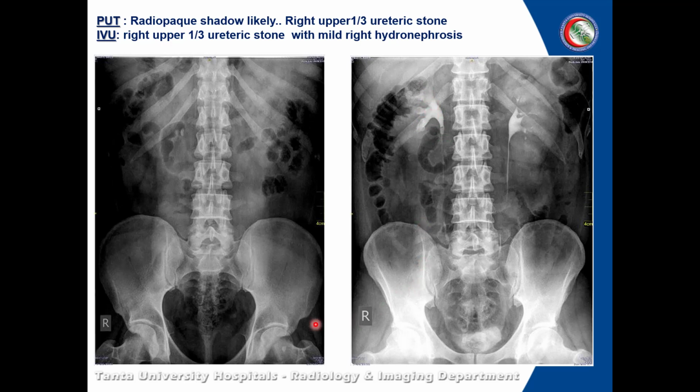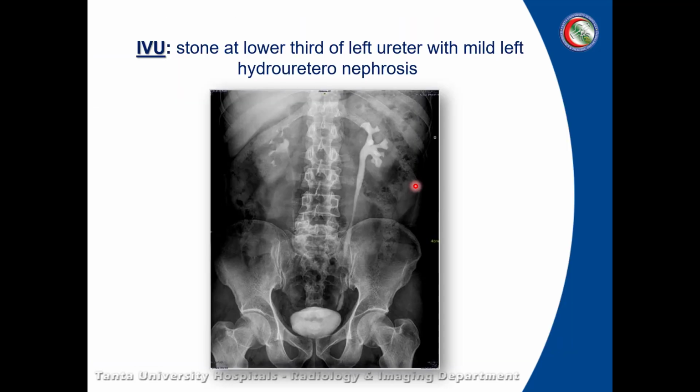So the full comment is PUT showing a radiopaque shadow, most probably a right upper third ureteric stone, and IVU showing a right upper third ureteric stone as a filling defect with mild right hydronephrosis.